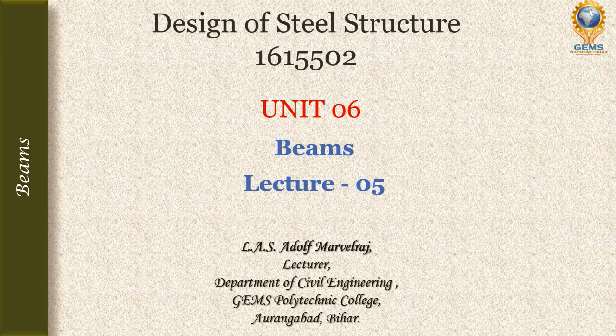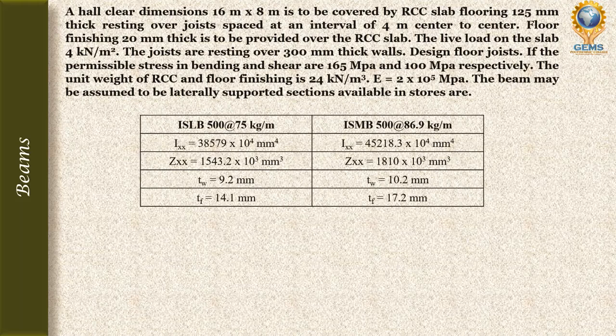Let's go to the problem. A hall of clear dimension 16 meter by 8 meter is to be covered by RCC slab flooring 125 mm thick resting over joists spaced at an interval of 4 meter center to center. Floor finishing 20 mm thick is to be provided over the RCC slab.